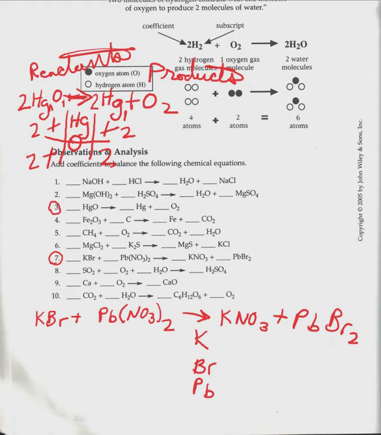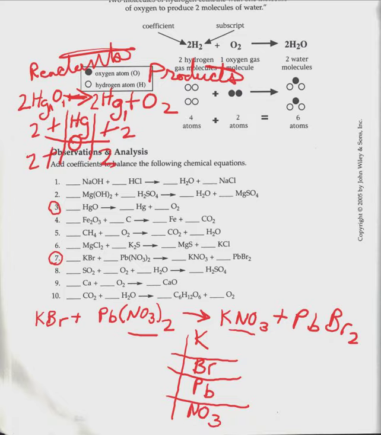Now, you can make things difficult on yourselves by listing the N separately and the O separately, or since there's an NO3 on the left-hand side and an NO3 on the right-hand side, then we can pretend that the NO3 is an element for the purposes of our balancing.